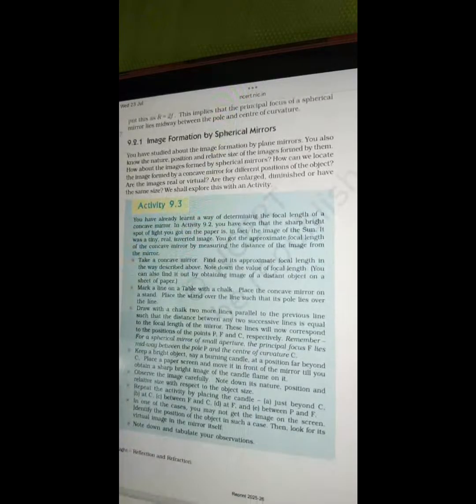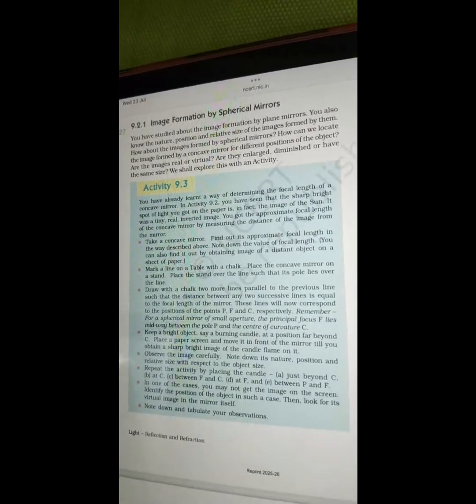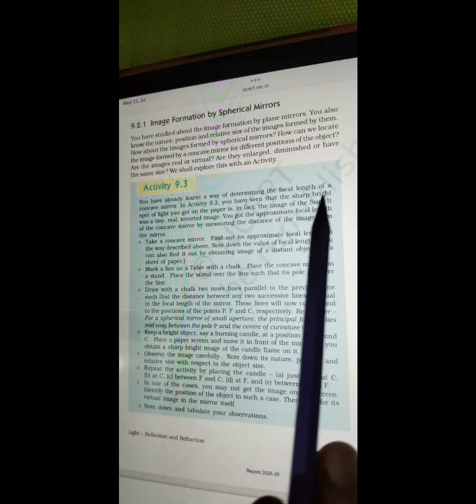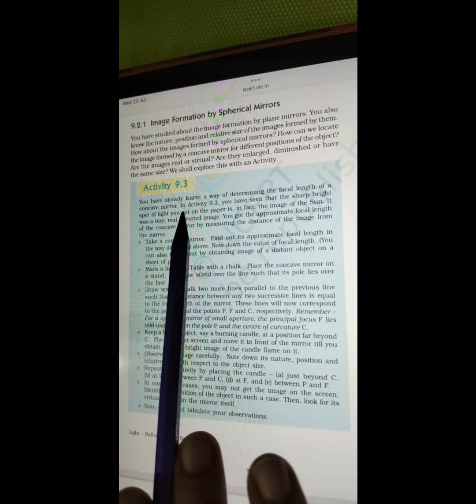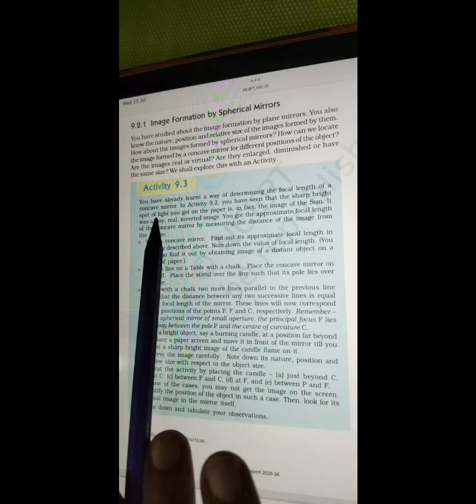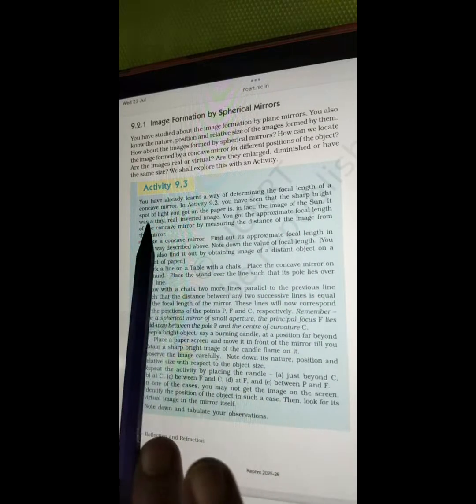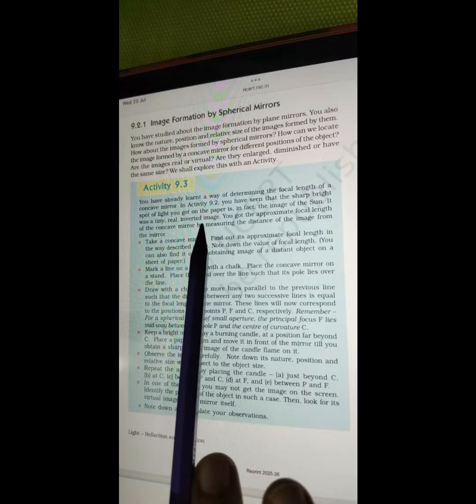Activity 9.3. You have already learned a way of determining the focal length of a concave mirror. In activity 9.2, you have seen that the sharp, bright spot of light you got on the paper is in fact the image of the sun. It was a tiny, real, inverted image.